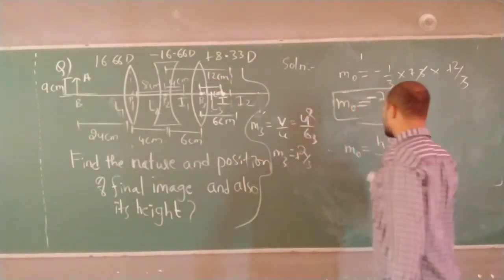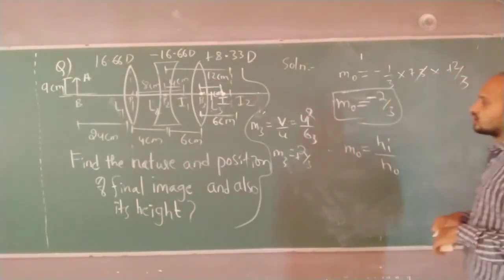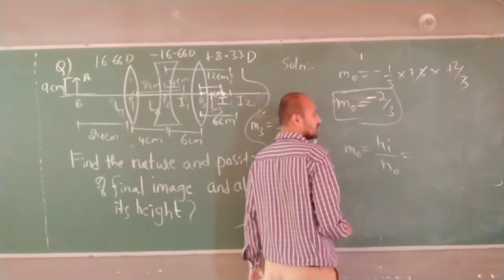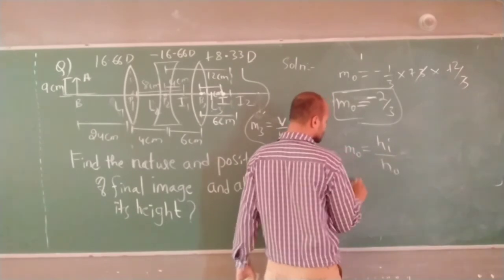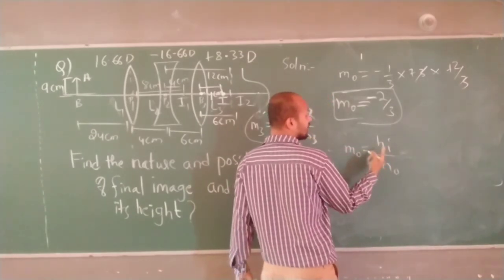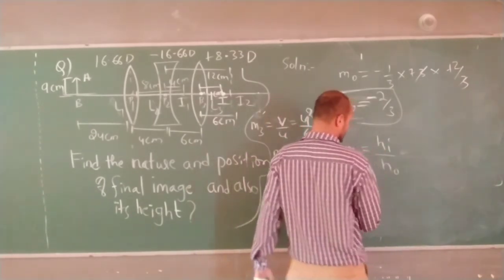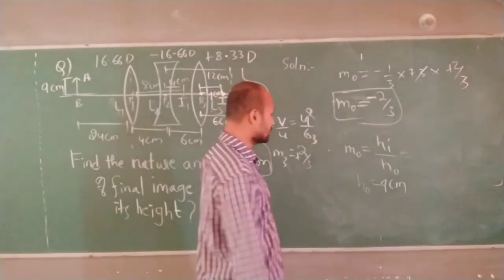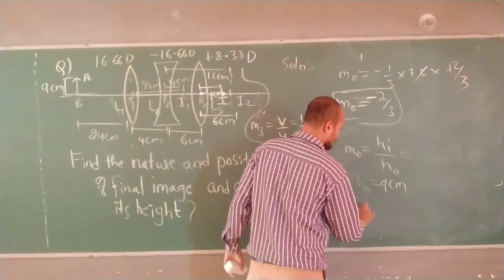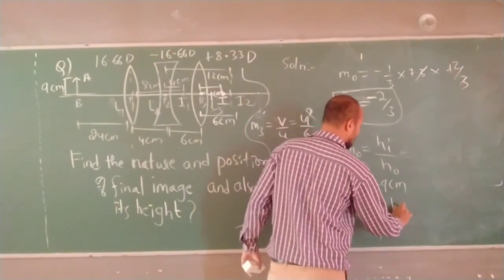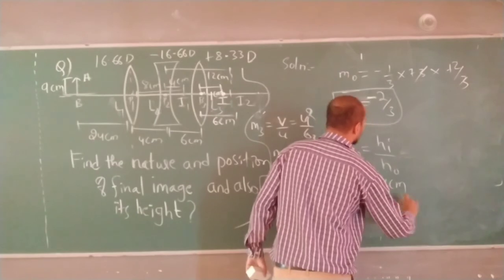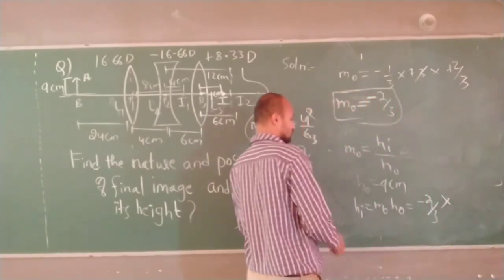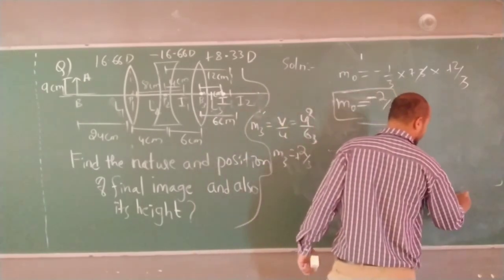M0 is equal to Hi by Ho, where Ho is equal to 9 cm. So Hi will be equal to M0 into Ho. That is minus 2 by 3 into plus 9 cm.